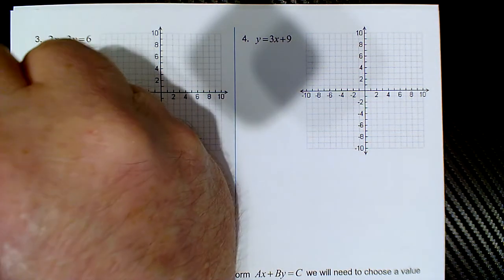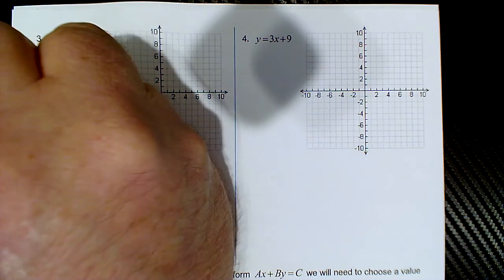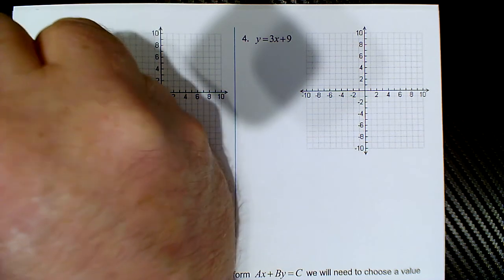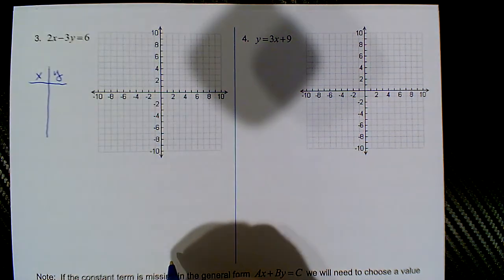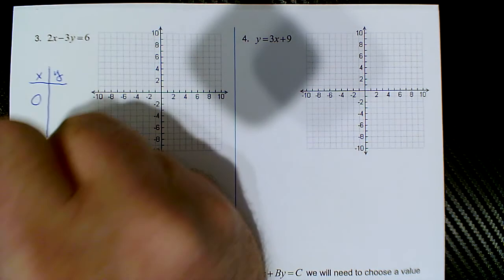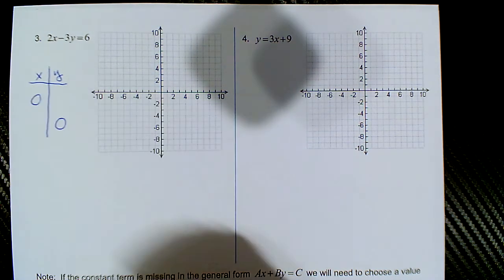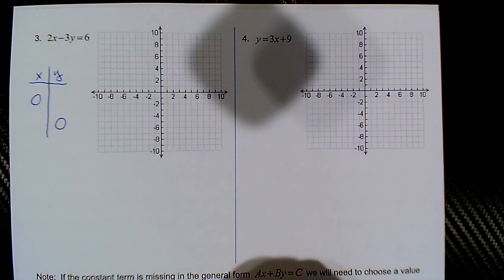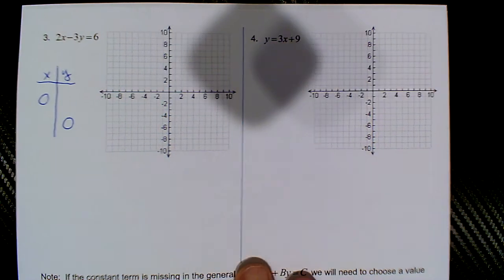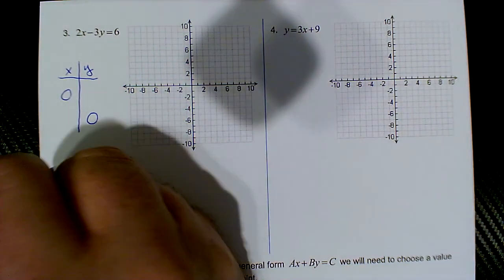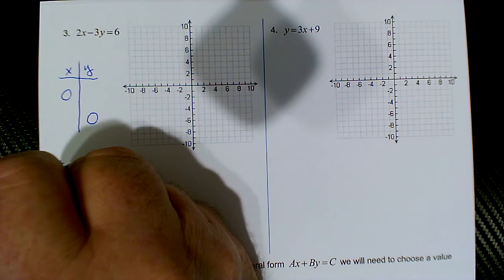And again, what I'm going to do is create a table of x and y values, fill in a 0 for x, find out what y is, fill in a 0 for y, and find out what x is. And those will be the y and x intercepts respectively. So I'll show the work down here.